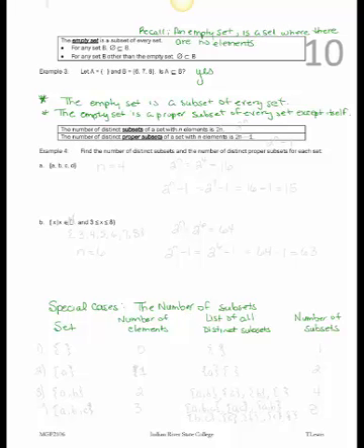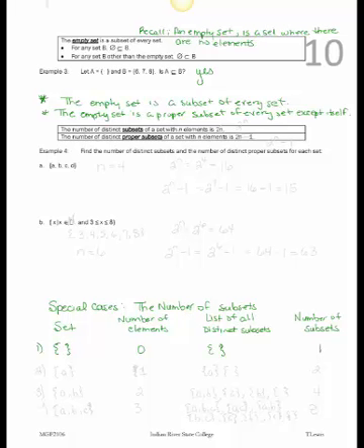So for example here we have number 1, an empty set. How many elements will we have in an empty set? 0. List all of the distinct subsets. Well, we just have this empty set. The number of subsets that we have, just 1.